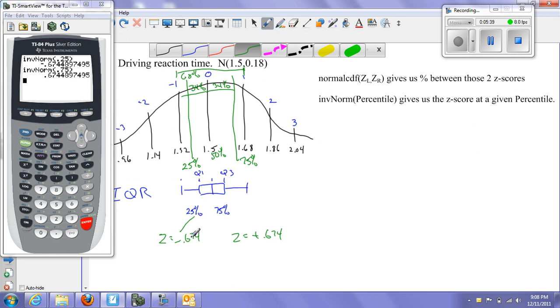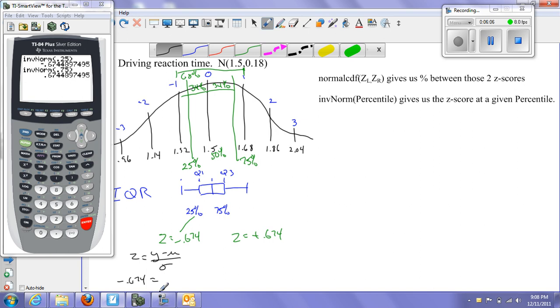Now that I know my z-score, let's use my formula: z equals y minus mu over standard deviation. I know my z is negative 0.674.